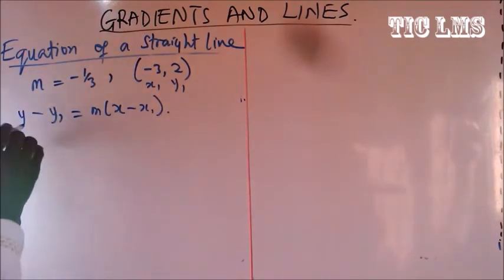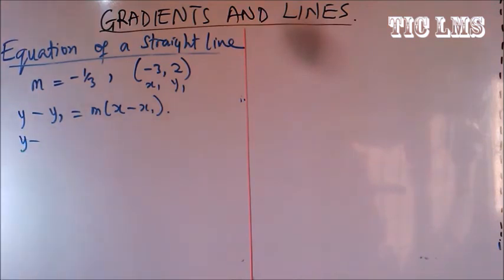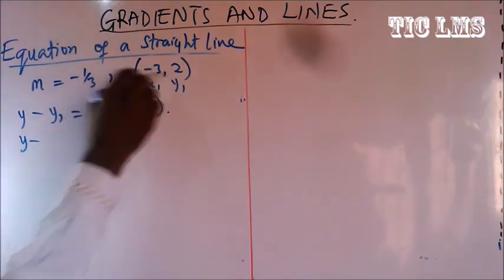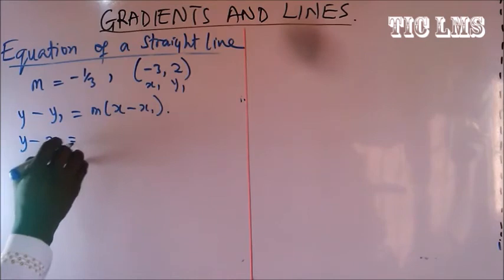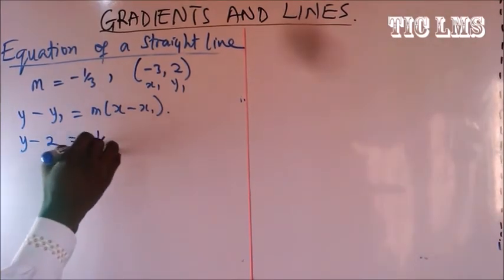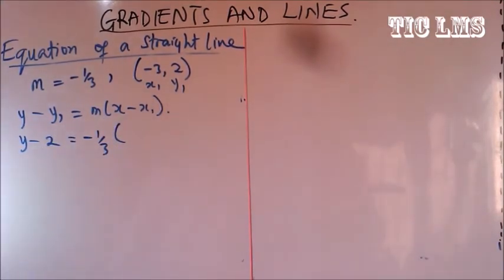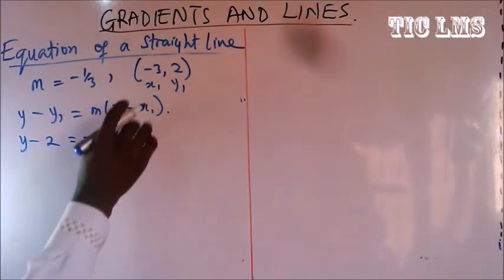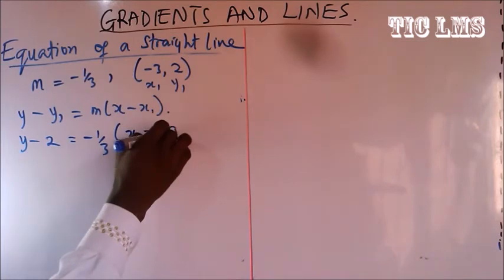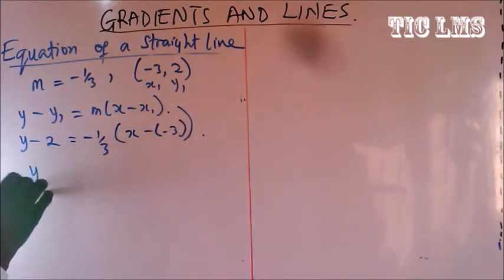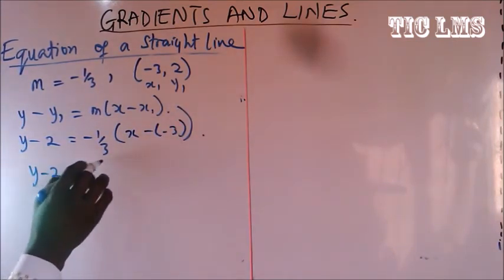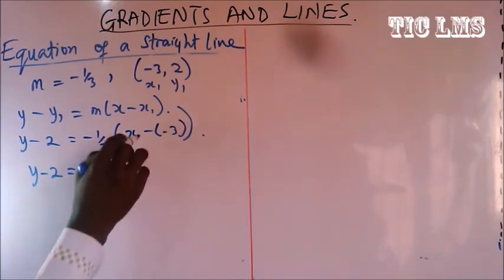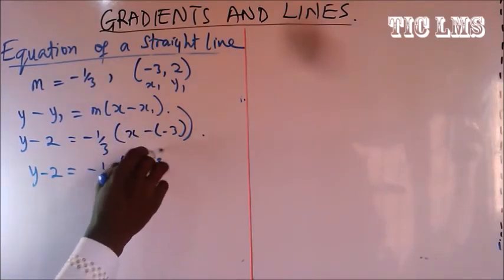So here we have our y, which is the general point, minus y1, which is 2, equal to the slope we're given, minus 1 over 3, into brackets x, which is the general point, minus x1, which is minus 3. And so we'll solve this. y minus 2 equals minus 1 over 3 into bracket x, minus times minus gives us plus 3.